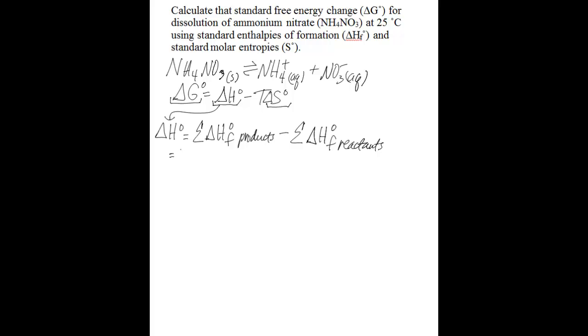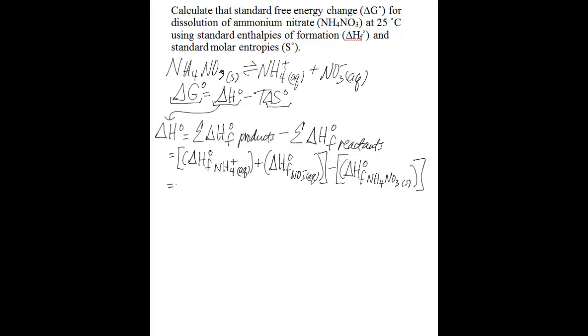So the values that you're going to look up in a table are the standard enthalpy of formation for one of the products, which would be ammonium in aqueous form, and you're going to add that to another value that you'll look up, which is the standard enthalpy of formation for nitrate, also in aqueous form, and you're going to subtract from that the standard enthalpy of formation for your one reactant, which is ammonium nitrate solid.